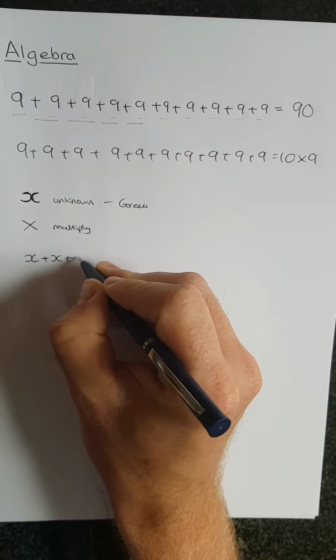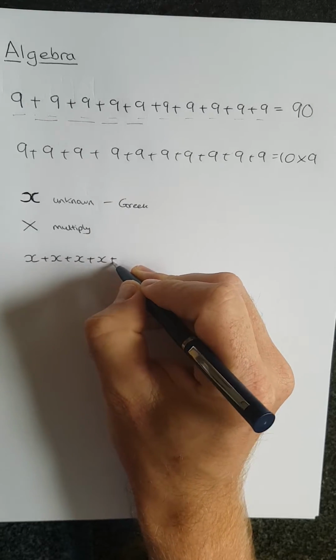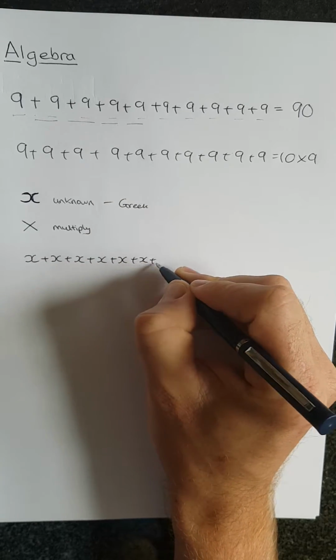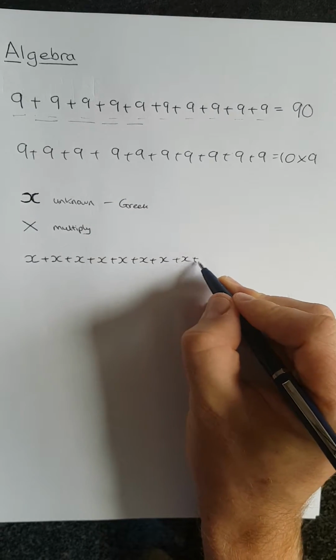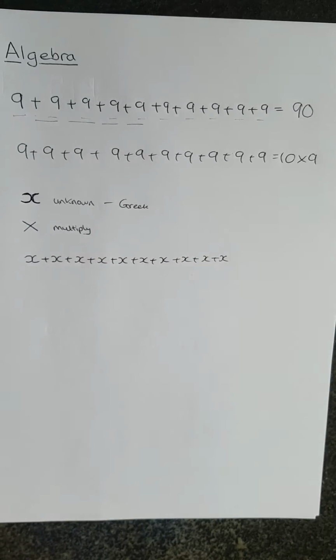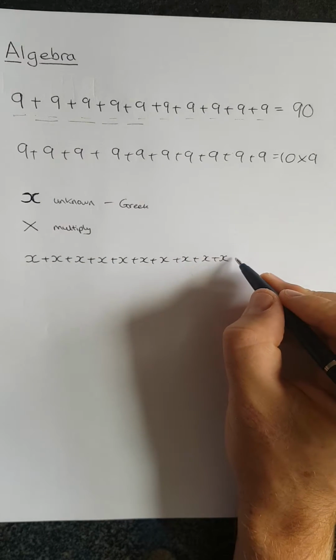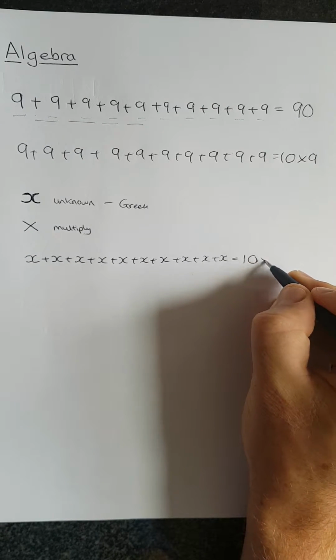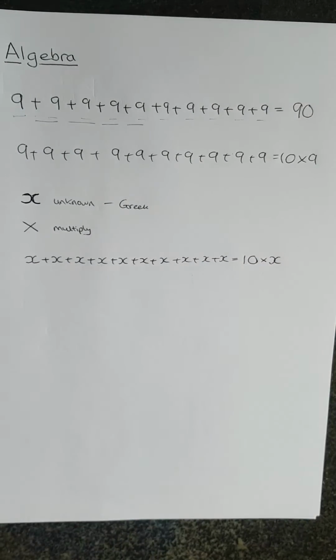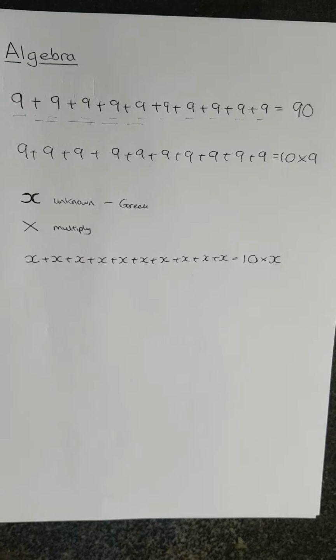So, what do you get when you add the following? You're going to say to me, 10 lots of x. And you'd be right.